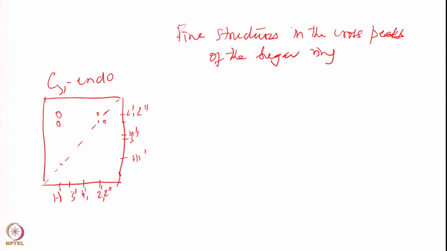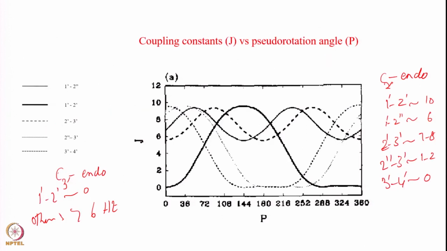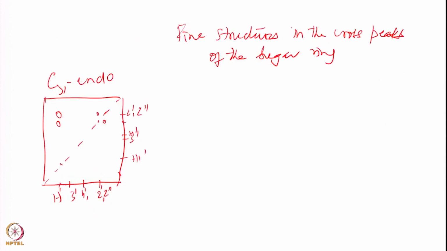For a general thing all these peaks will be there, but will this 1 prime 2 prime be present? So, let us look at that. 1 prime 2 prime coupling is 0, right. So, for the C3 prime endo geometry this peak will be absent, okay. 2 prime to 2 double prime will be there.